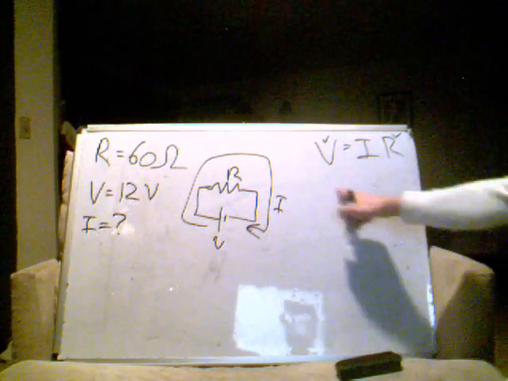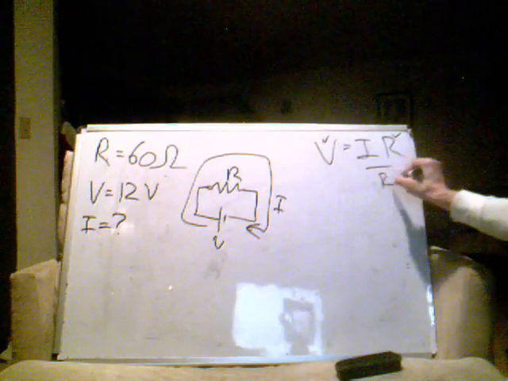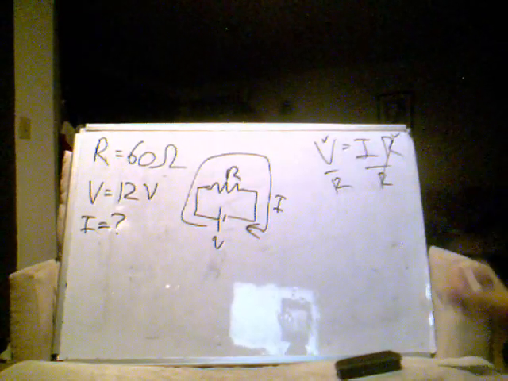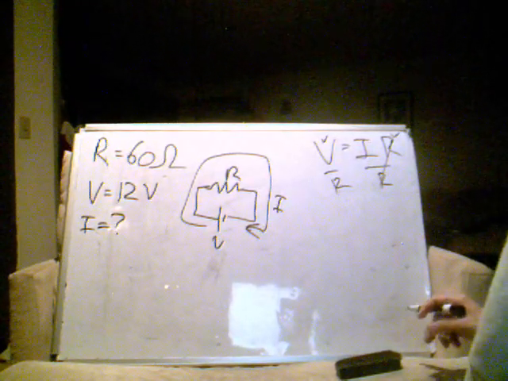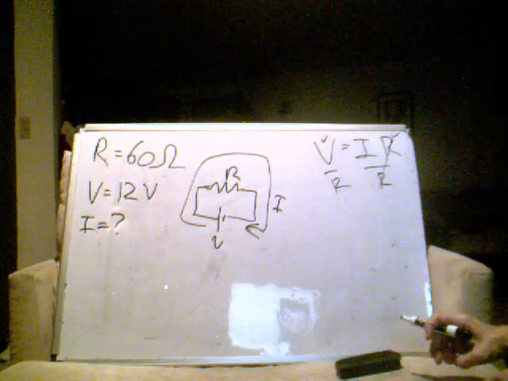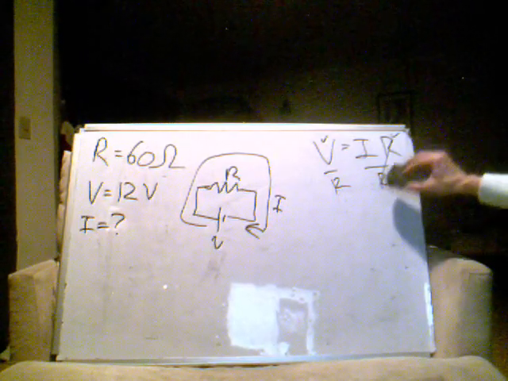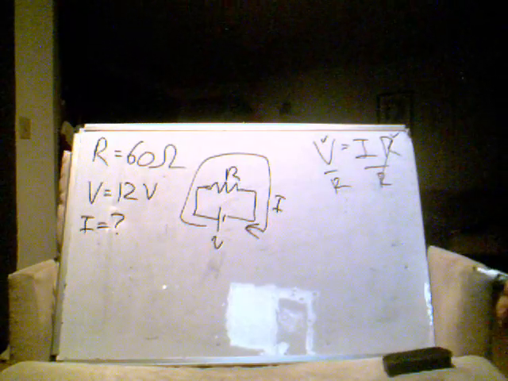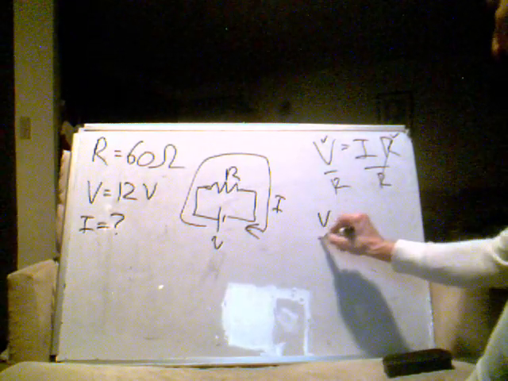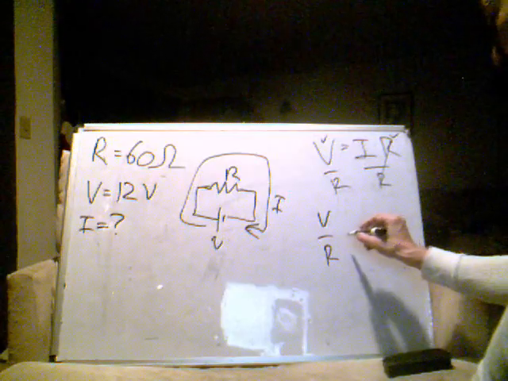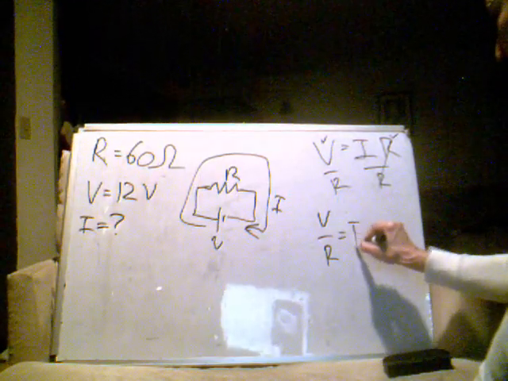So we isolate by dividing both sides by the resistance. Sounds like some kind of dystopian sci-fi movie. Divide the resistance. In any case, that leaves us with the expression that if we divide the voltage by the resistance, we should get the current.